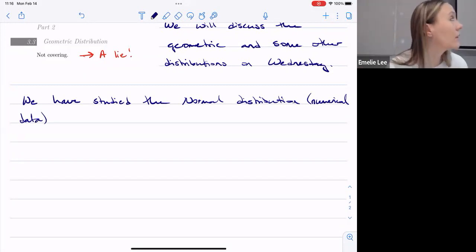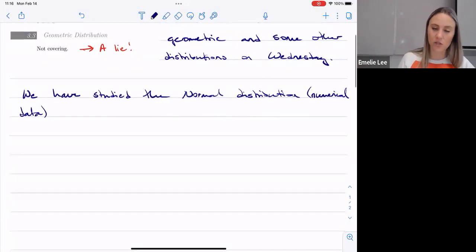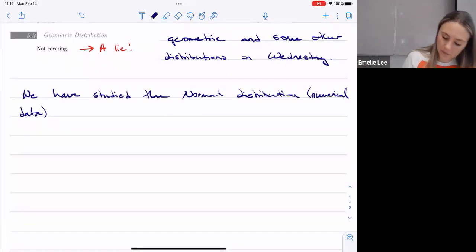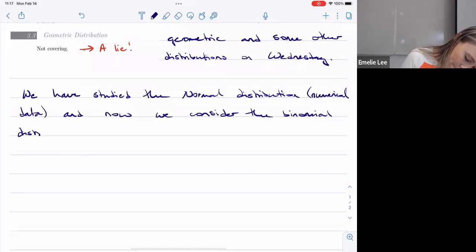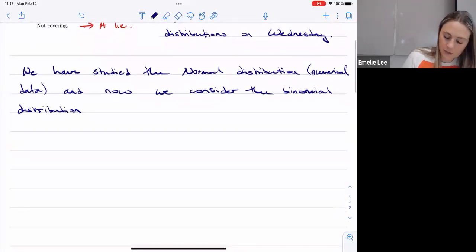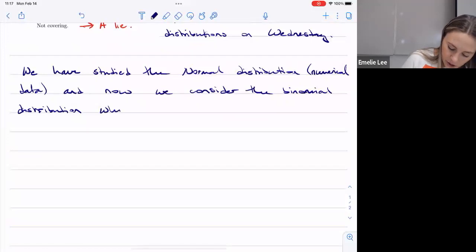And now we're going to look at the binomial distribution, which is for categorical data.